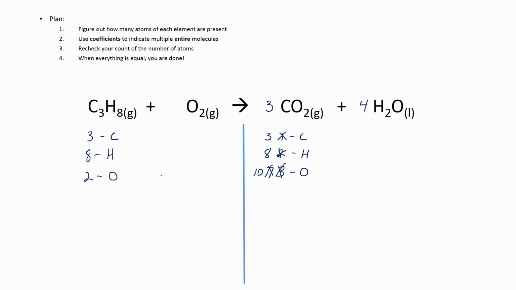Alright, 10, we only started with 2, so what I have to do here is add some more oxygen on the reactant side. Say there's 5 O2 molecules. So 5 times the 2 gives me 10 oxygens. So 3 carbons, 8 hydrogens, and 10 oxygens. Excellent. This is balanced.